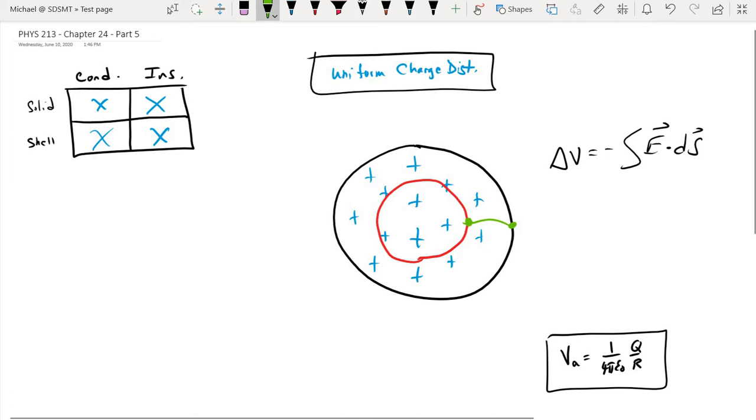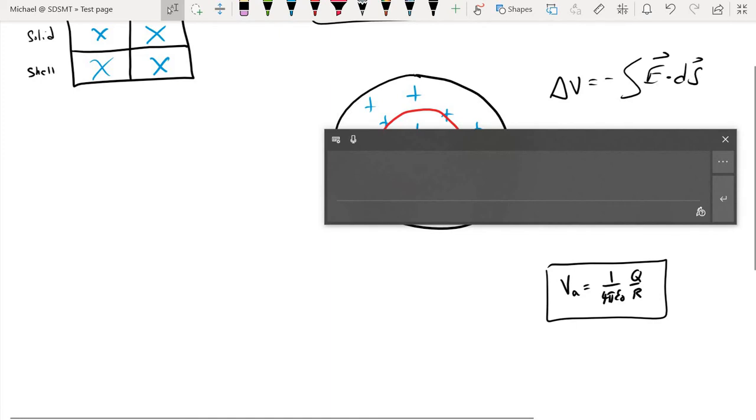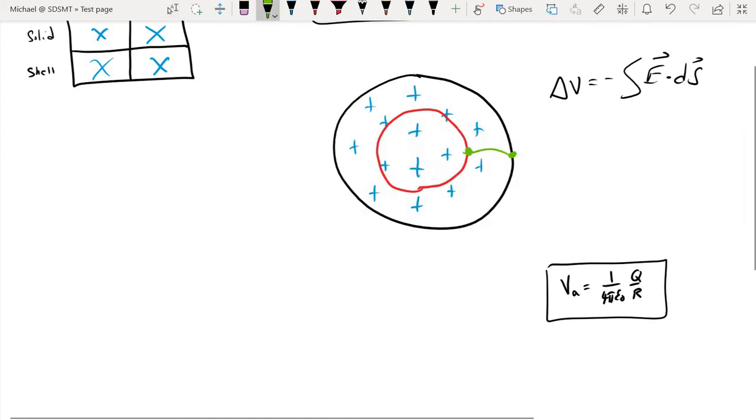But now I need to know just what amount of charge is going to be used. And the problem is that we have charge inside our Gaussian surface. We have charge outside our Gaussian surface.